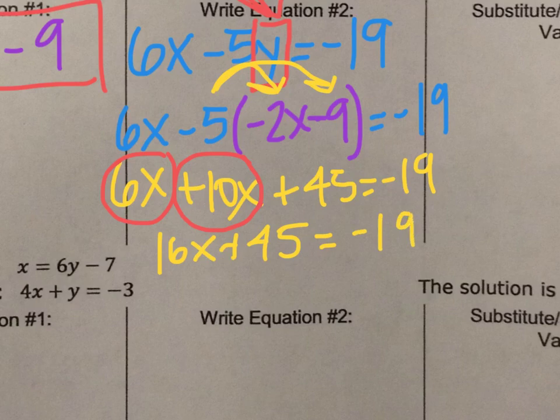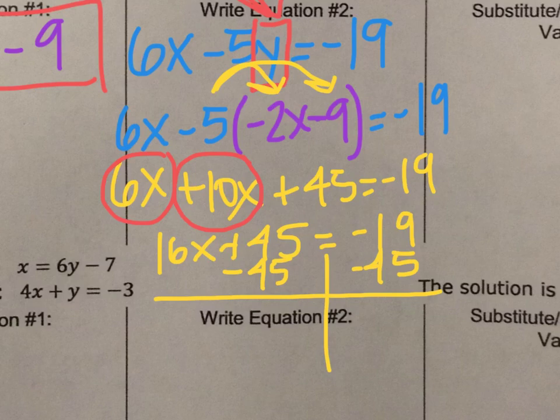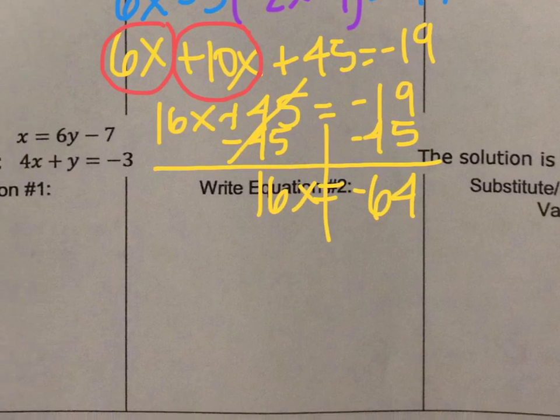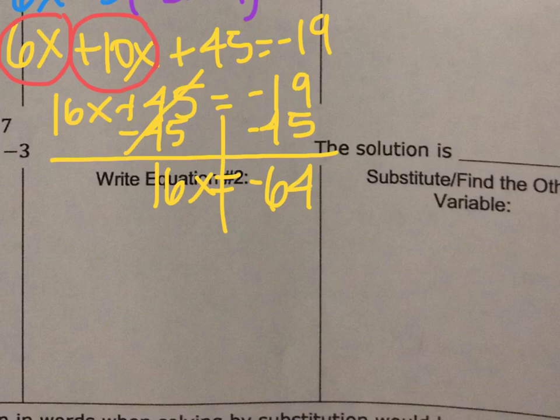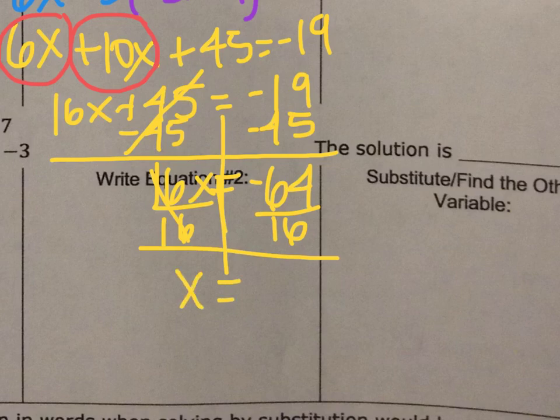Now solve for x. Subtract 45 on both sides, and we get that 16x is equal to negative 64. Divide by 16 on both sides, and we get that x is equal to negative 4.